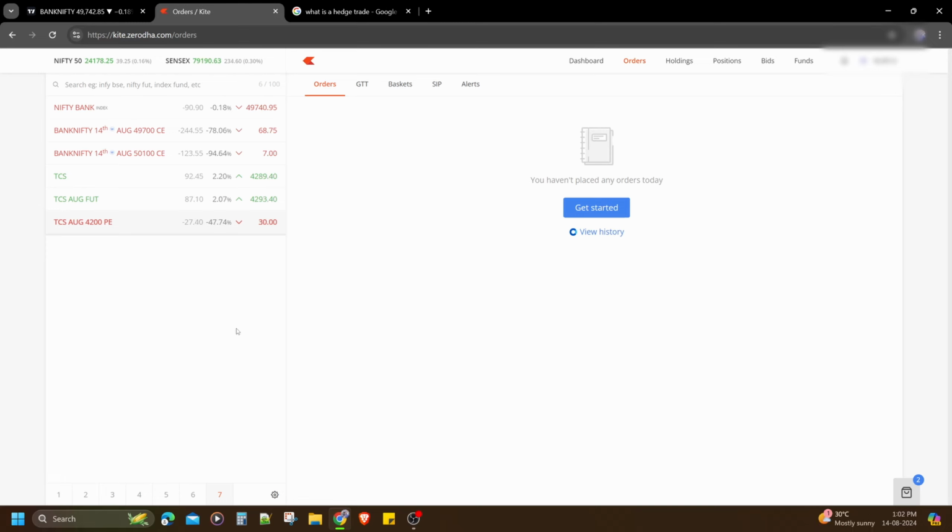Just for the example, understand how the process works and how you can use the hedge trade to minimize your losses. I chose 49,700 CE because Bank Nifty is currently trading around 49,700. And I chose 50,100 because it is trading somewhere between 5 to 10 rupees, so it will be viable for me to use as a hedge trade.